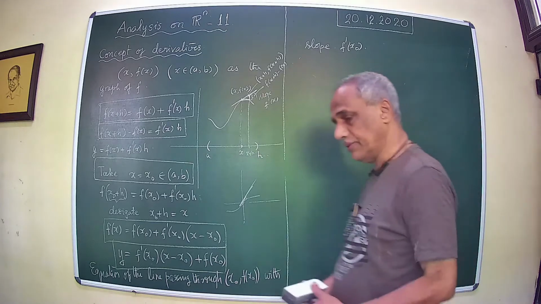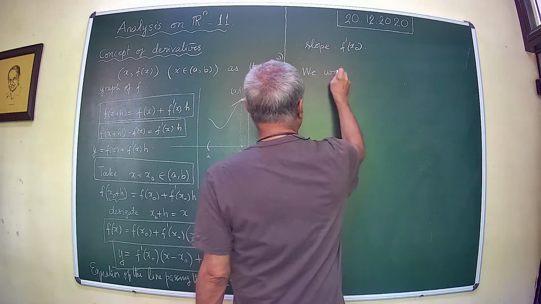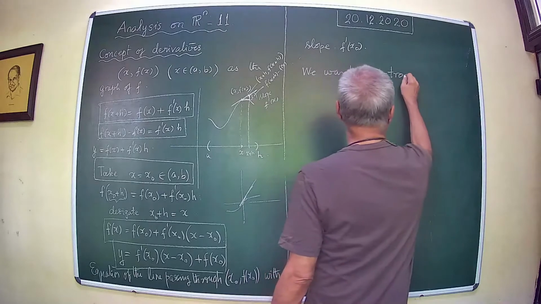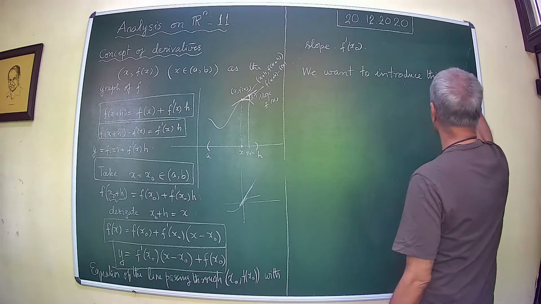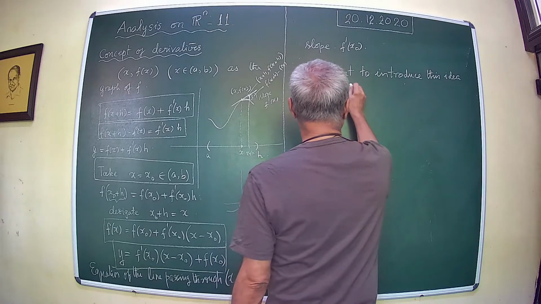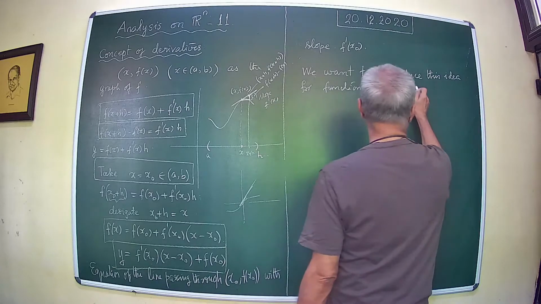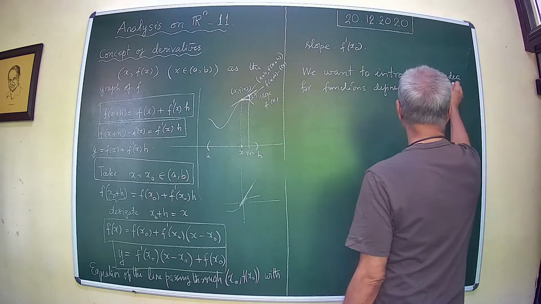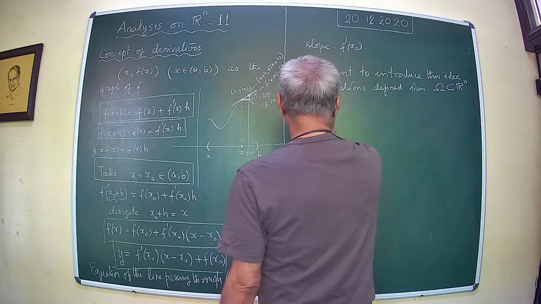Now what we are eventually interested in is functions f defined from some omega contained in R n to R m.